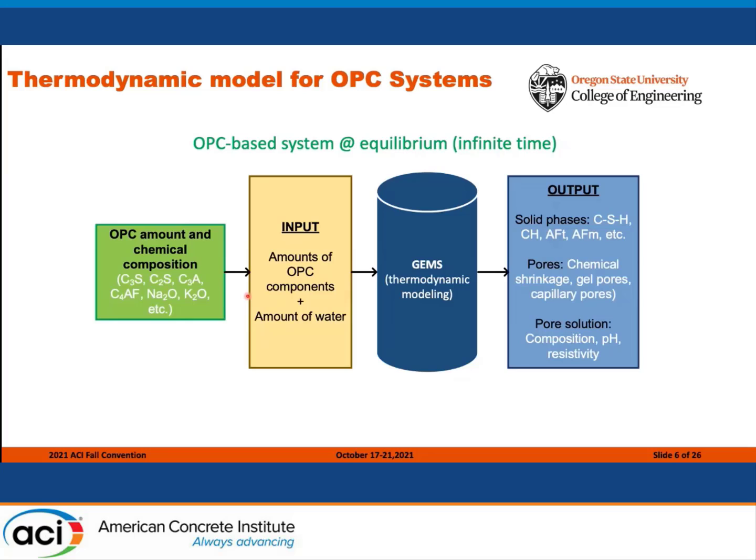We first calculate the amount of each clinker phase, alite, belite, aluminate, and ferrite, alkali oxides, and any other phase that exists in OPC, and provide these amounts along with the amount of mixed water to the thermodynamic modeling algorithm, which calculates the formed solid phases, such as calcium silicate hydrate, calcium hydroxide, AFt and AFm phases, and any other phase that might form, as well as the pore solution composition. We will also have information about the pore space.